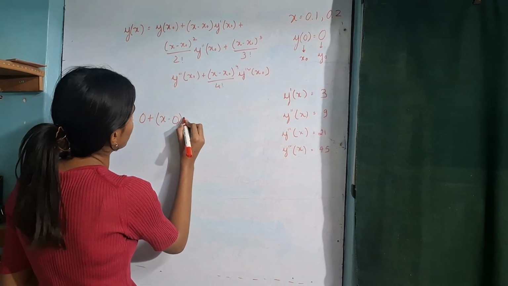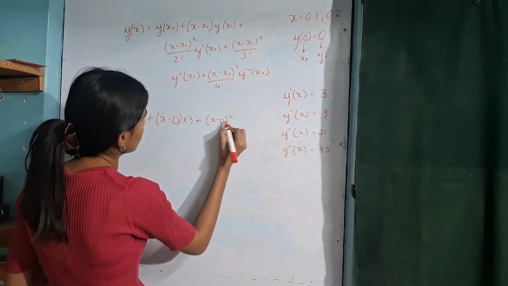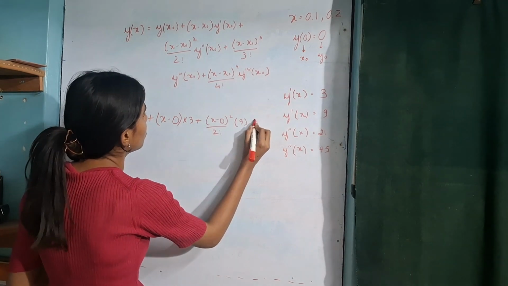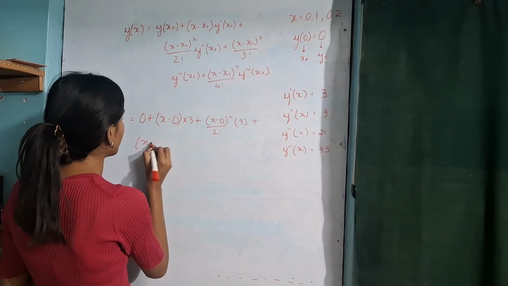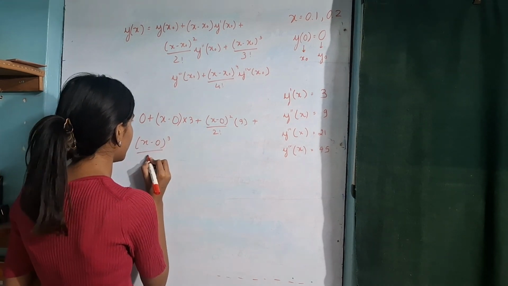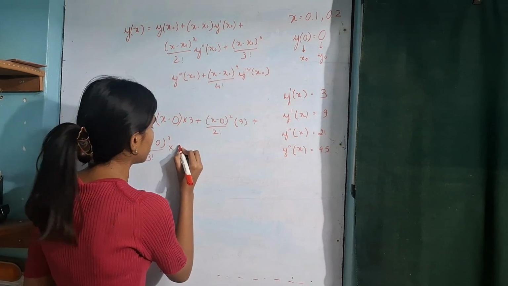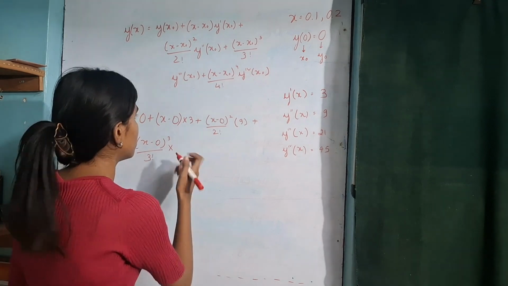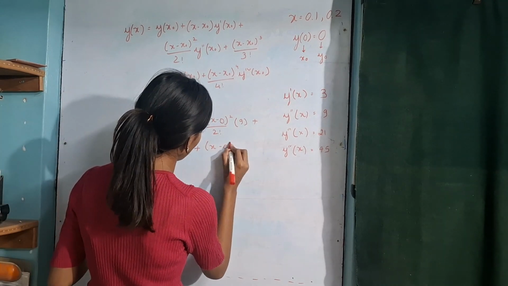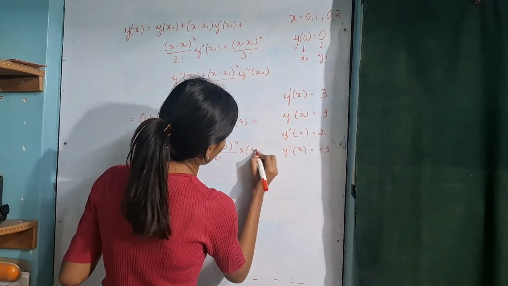Y dash is 3 plus x minus 0, the whole square, divided by 2 factorial, into 9, plus x minus x naught is 0, the whole cube, divided by 3 factorial, into 21, plus x minus 0 to the 4th divided by 4 factorial into 45.